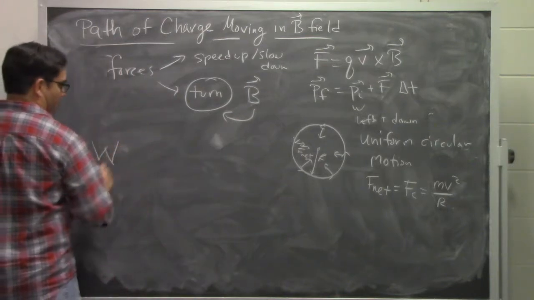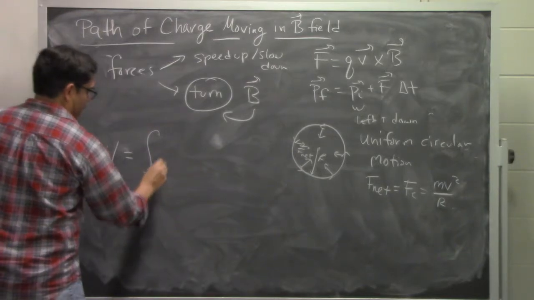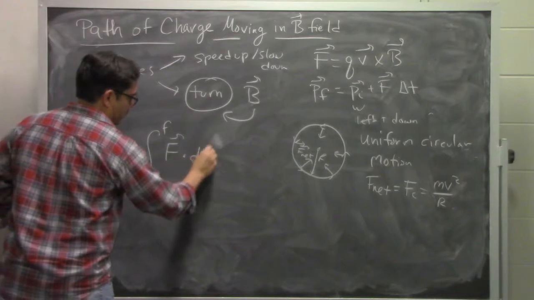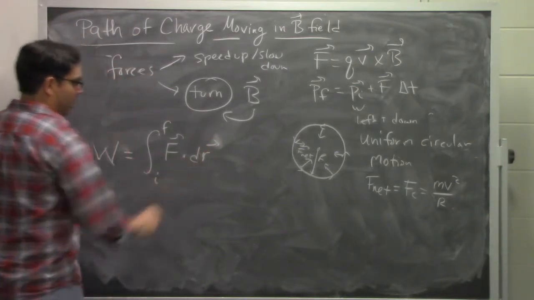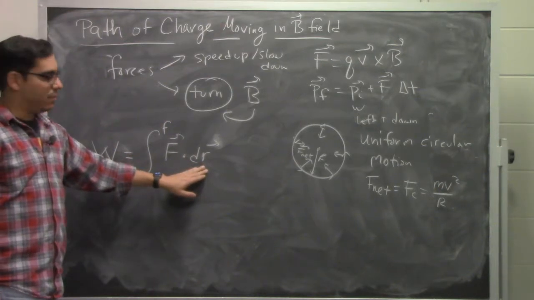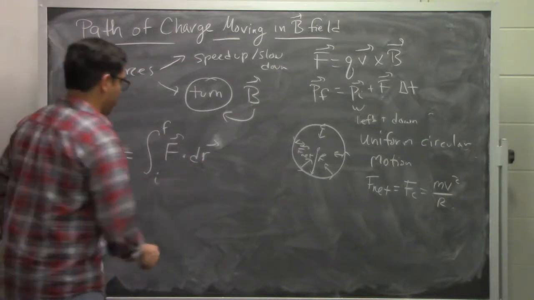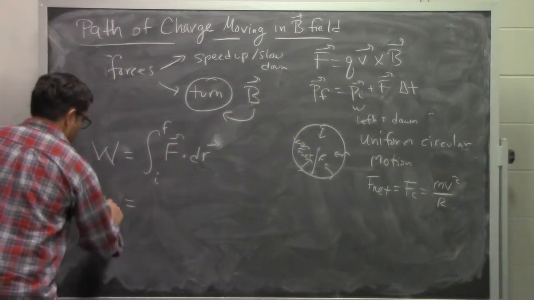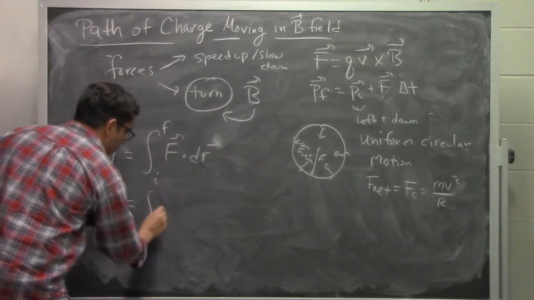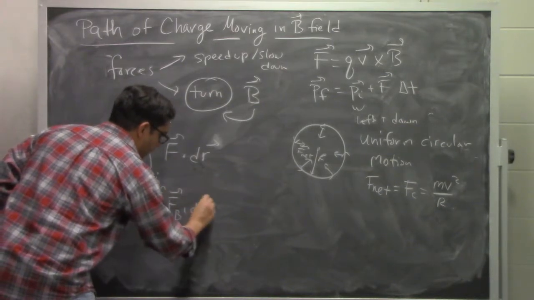So if we think about the work that would be done by that force, that would be the integral from some initial to some final location of the force dotted into a displacement. Well, this displacement always points in the direction of the velocity, right? It is just the little step that is in the direction of the velocity. So the magnetic work, that is the work due to the B field, would be the integral of the magnetic force dotted into the displacement.